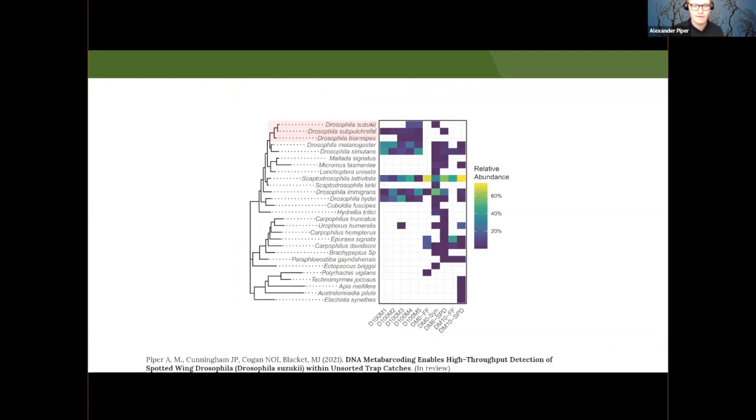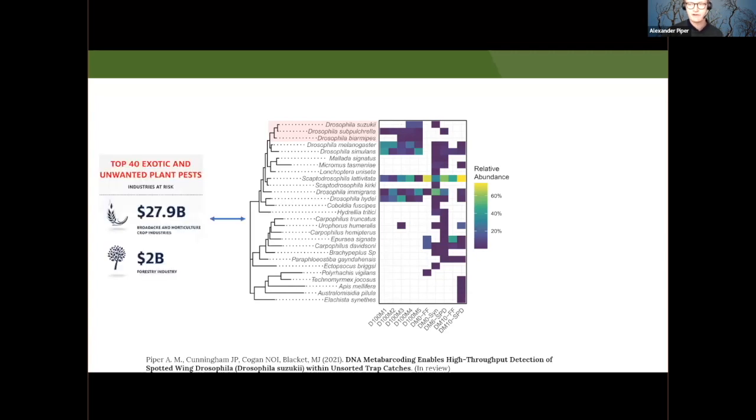Now, this was some validation work I did at the start of my PhD. And basically down the left, you can see all the species that were detected in these samples. I should mention these are mock communities I made up, which I put in some of these exotic species. And then down the bottom, you can see the samples they were detected in, and you also get an estimate of the relative abundance of each species.